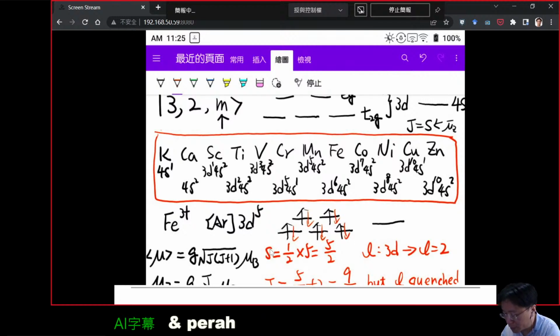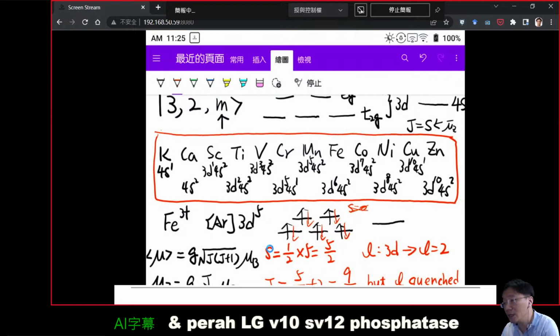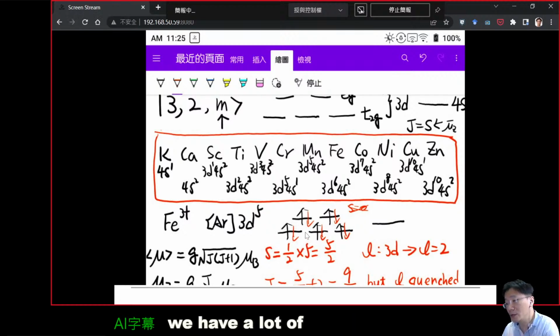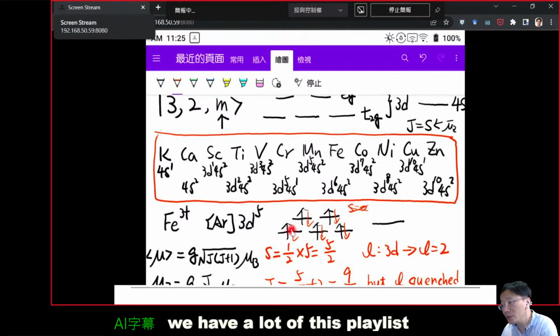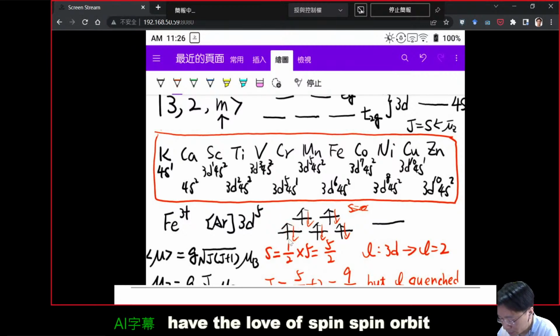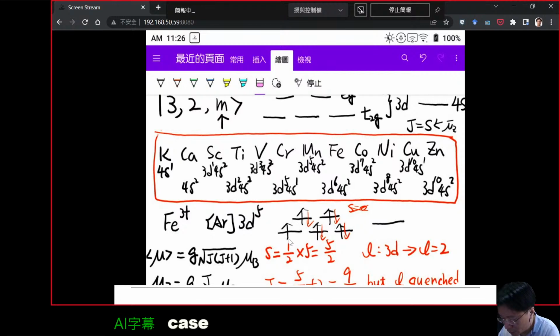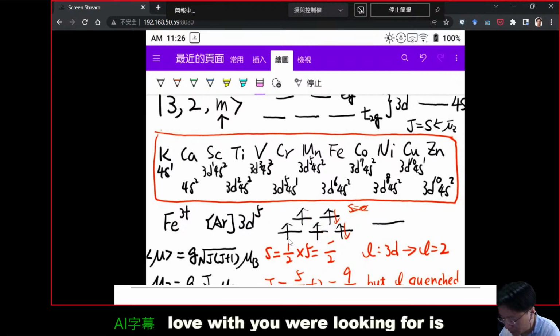It will give you S equals 0. That's not the case we want. So we want a lot of lonely spins, right? They are not paired spins. They are solely one in an orbital. So in that case, we are looking for spins like this one.